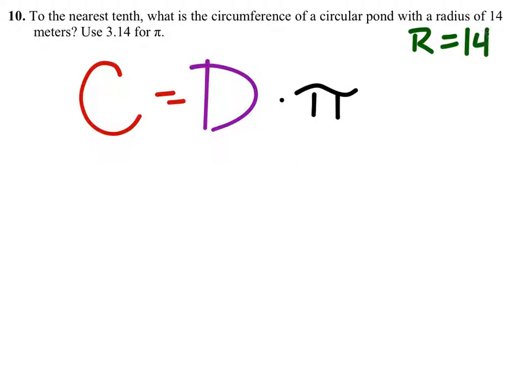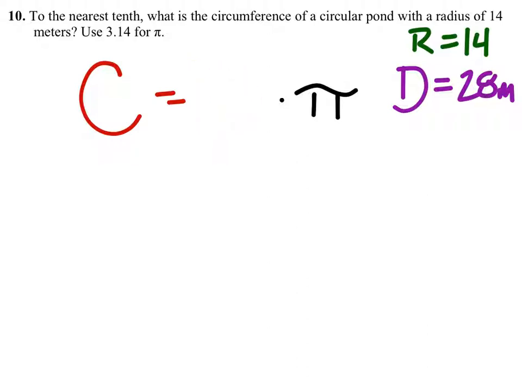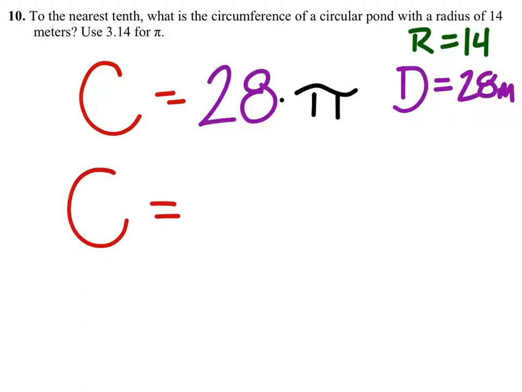The diameter will be 2 of those radii, which would be 28 meters. So I will replace diameter with 28. Some of you just put it into the formula, 2 times radius times pi, and that was okay. In this case, 87.96 will round up to 88 total. You can put the decimal if you want, and that is in meters.